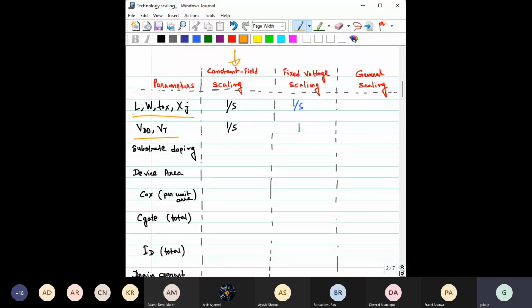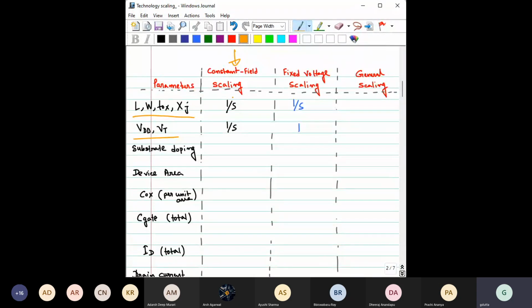What is L? Gate length. What is W? Gate width. What is T_ox? Oxide thickness. What is X_J? X_J is the junction depth. I will show you on the next page what we mean by junction depth. All of these are physical parameters.